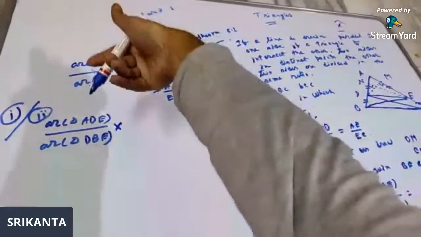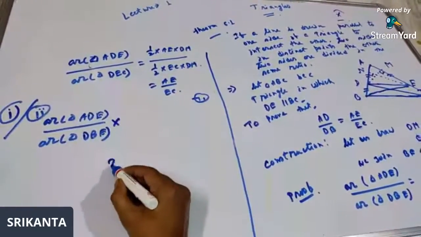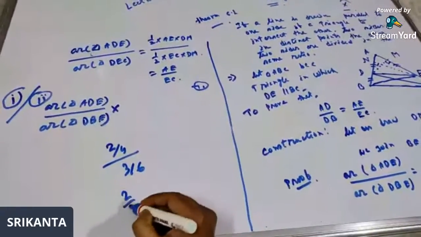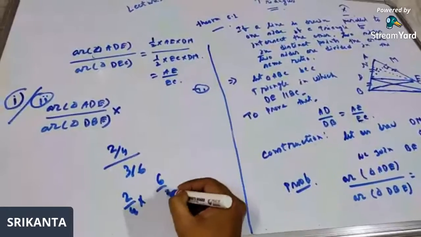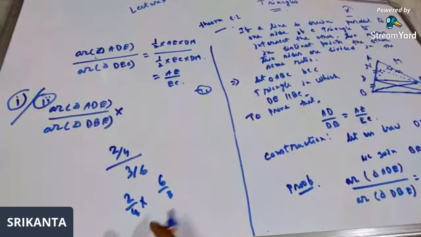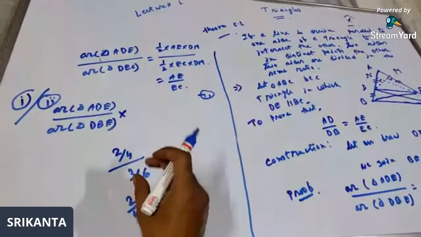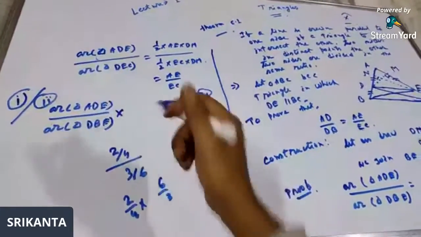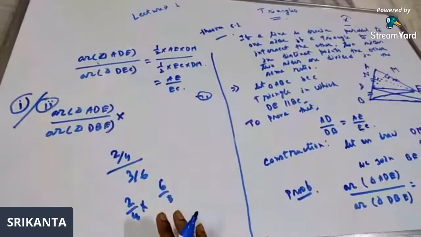Multiply its reciprocal, right? This 2 by 4 divided by 3 by 6, what do we have? 2 by 4 into 6 by 3. Understood? So whatever is in the denominator, if it is in fraction form, it will be multiplied by the reciprocal of the denominator.